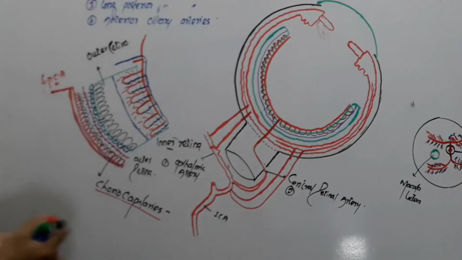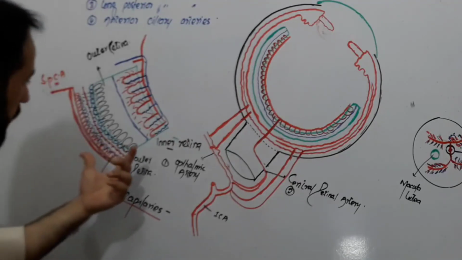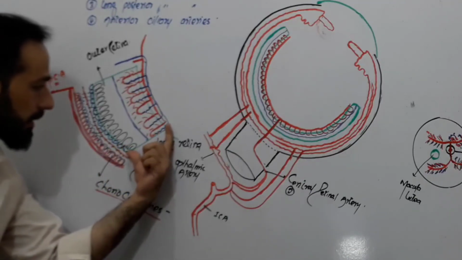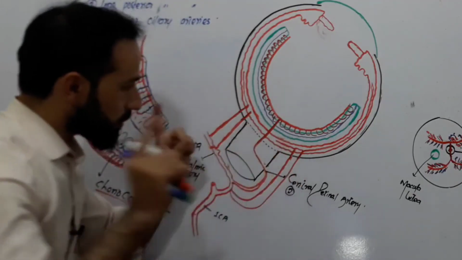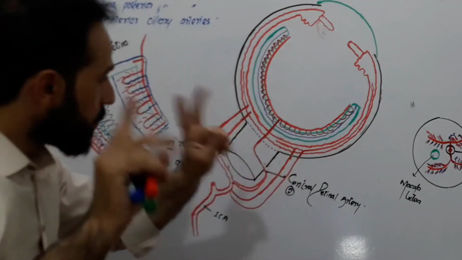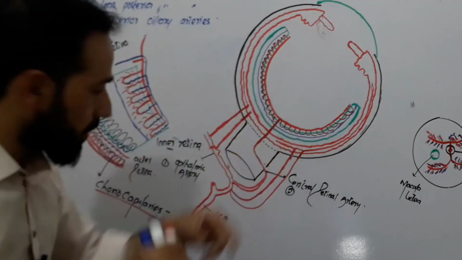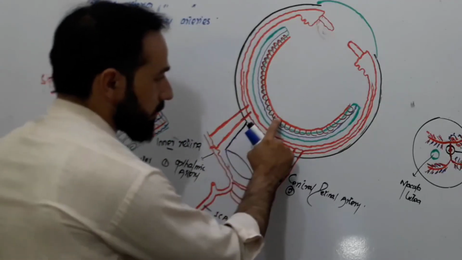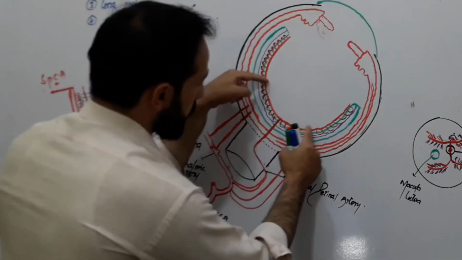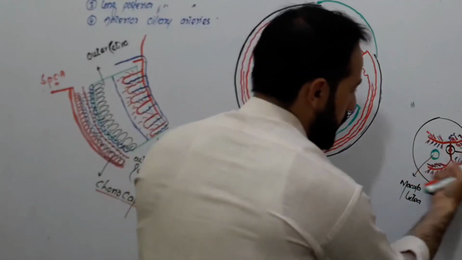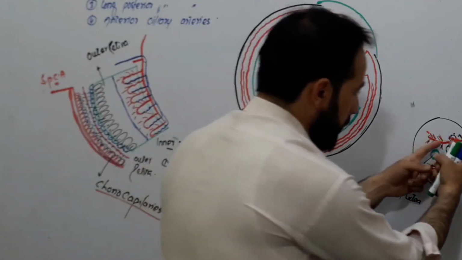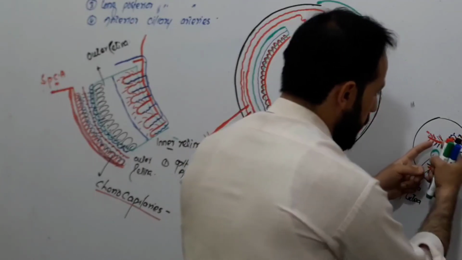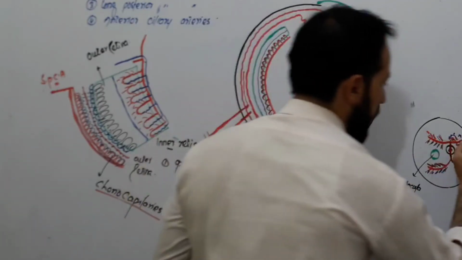So what did we discuss? We discussed the retinal blood supply, right? So the retina receives its blood supply from two different groups of arteries. The first one is the central retinal artery. The central retinal artery will enter through the optic disc and will give a superior branch and an inferior branch, and this superior branch will give a superior nasal branch and a superior temporal branch.